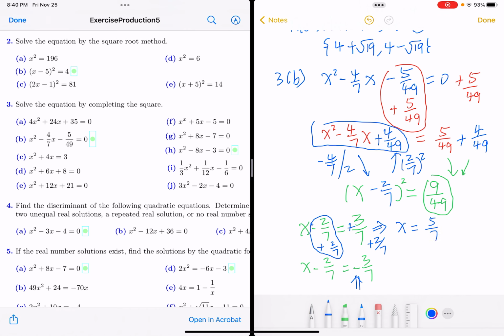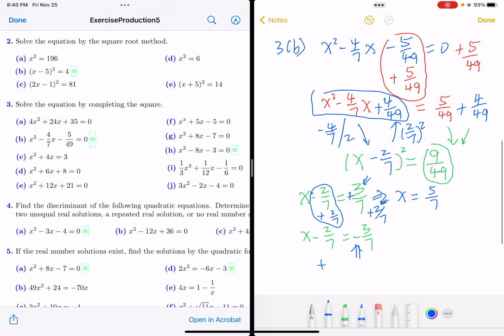Because 3 plus 2 is 5. Now here, when you do 2 over 7, 2 over 7, you cancel those two. Then what we get is x equals negative 1 over 7, because, again, here it is actually negative 3 plus 2. Okay?